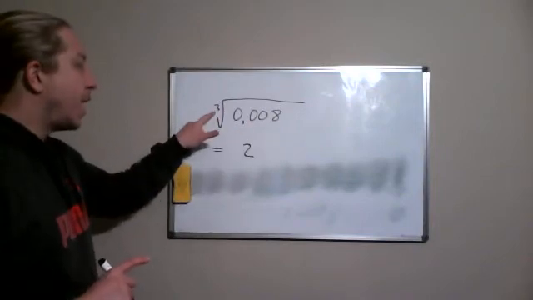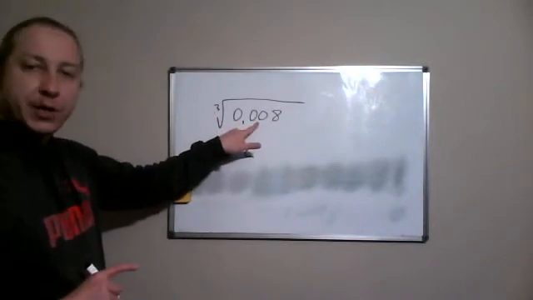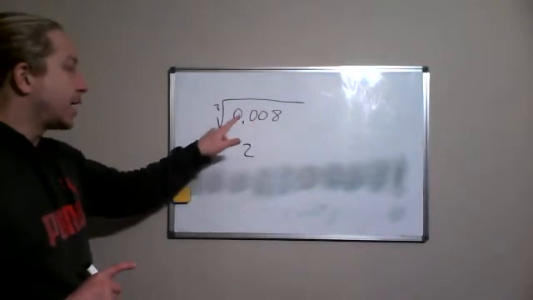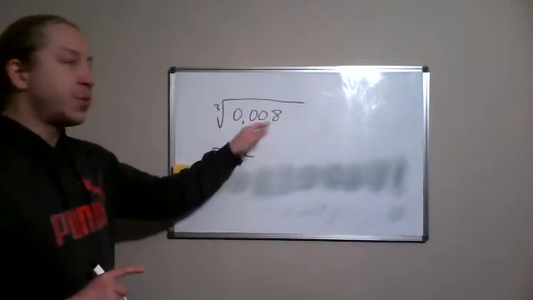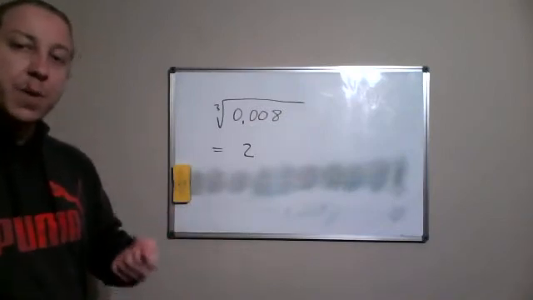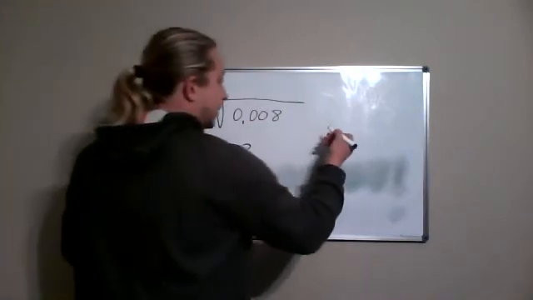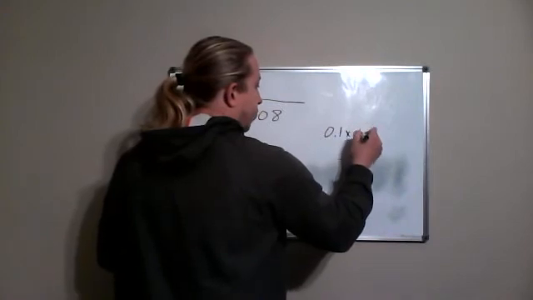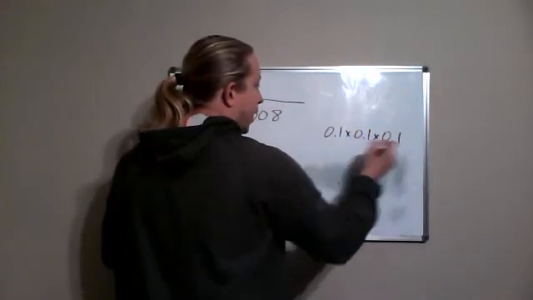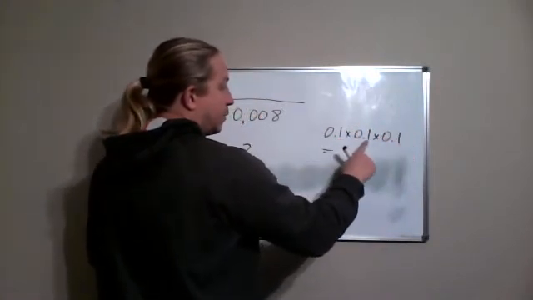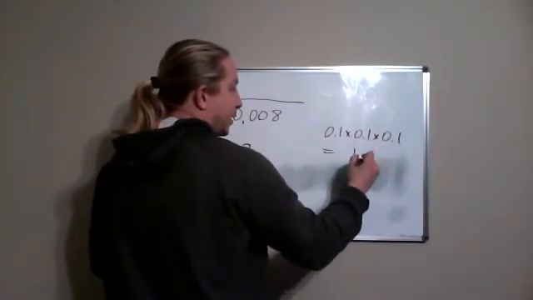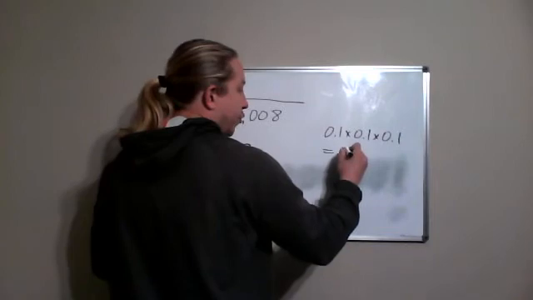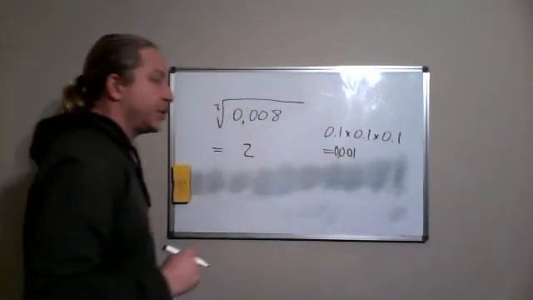Remember, where did this number 0.008 come from? It came from cubing some other number. How do we get 3 decimal places? When we multiply, let's say, 0.1 times 0.1 times 0.1, that gives us 1 times 1 times 1 is 1, with 3 decimal places, so 0.001.